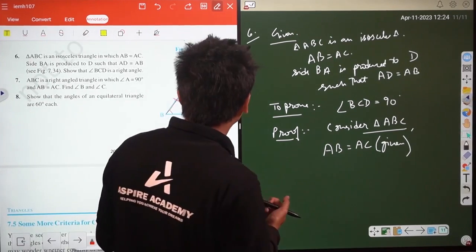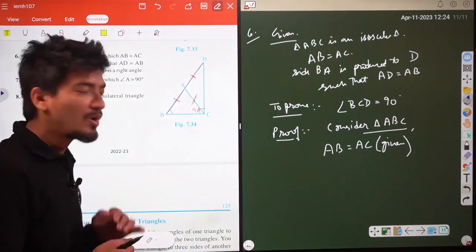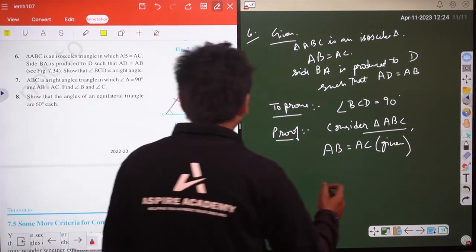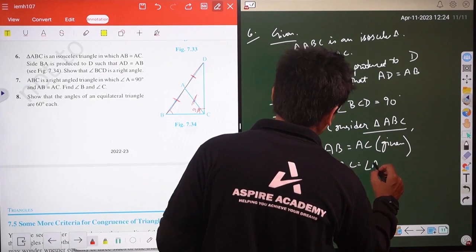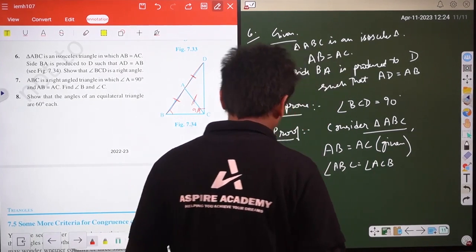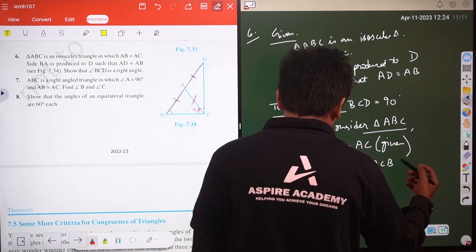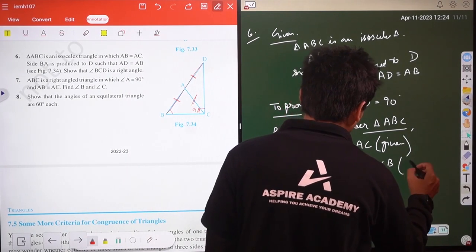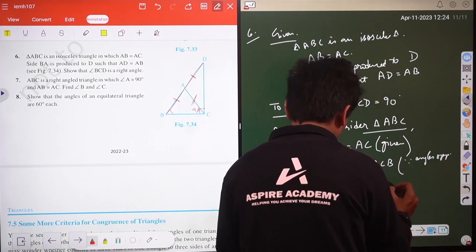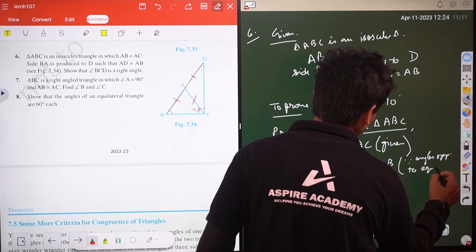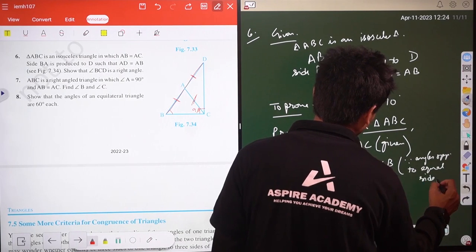We already know this from theorem 7.5. So angle ABC is equal to angle ACB, since they are angles opposite to the equal sides.